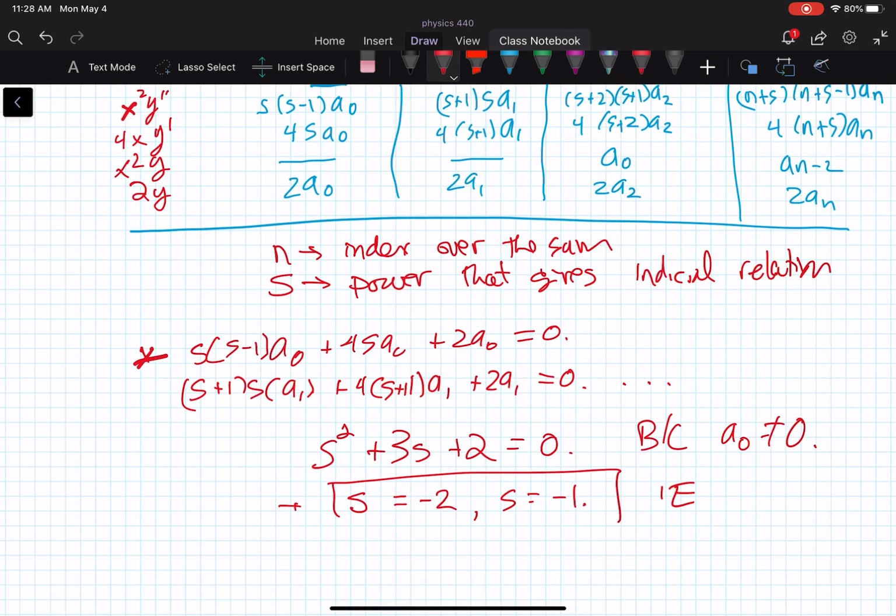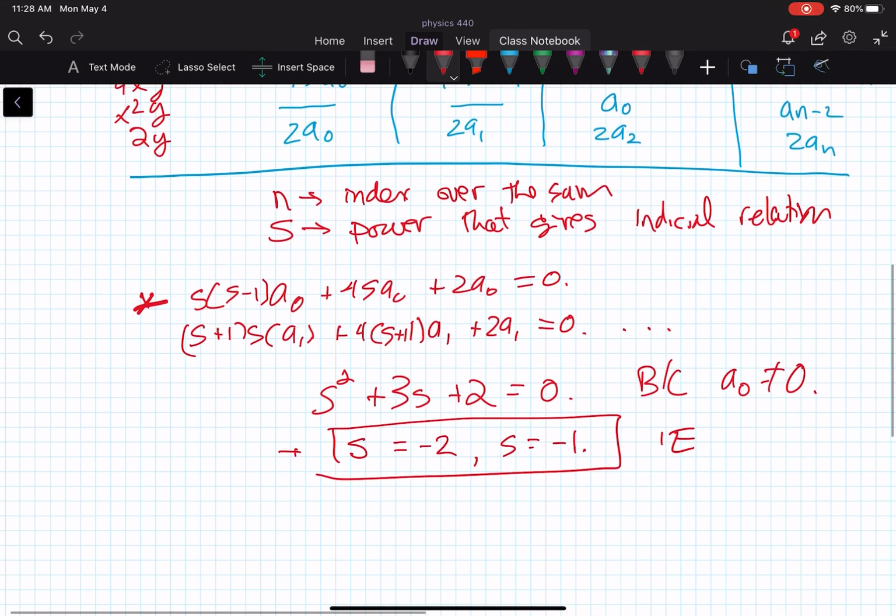Those are our two possibilities, and in fact, what it means is if we can solve this equation for the value of s minus 2 and s minus 1, we've found both linearly independent solutions. What this means is that our power series is equal to some constant times x to the n minus 2 or x to the n minus 1.